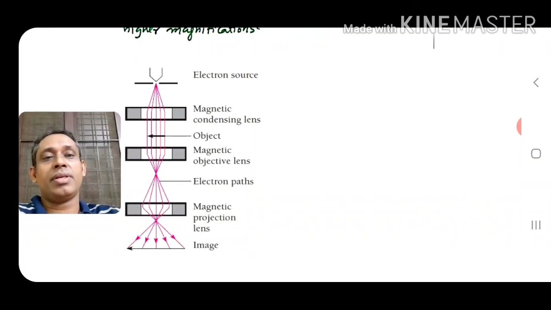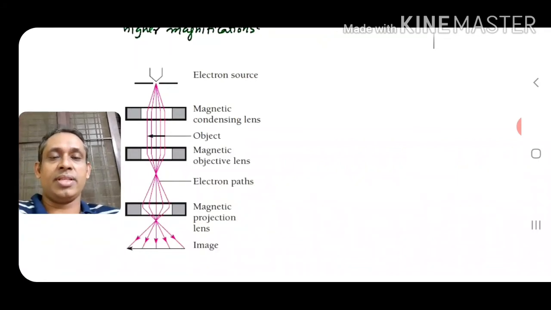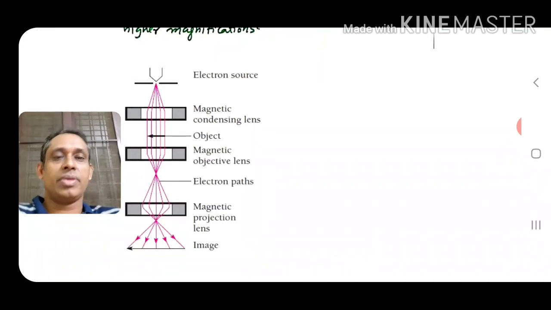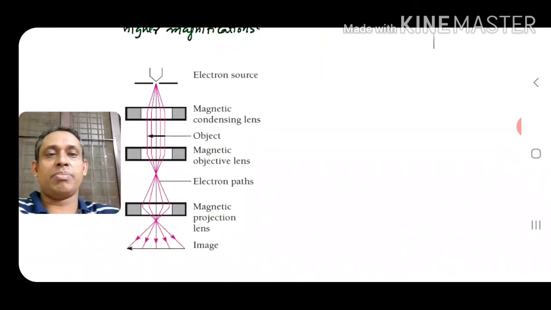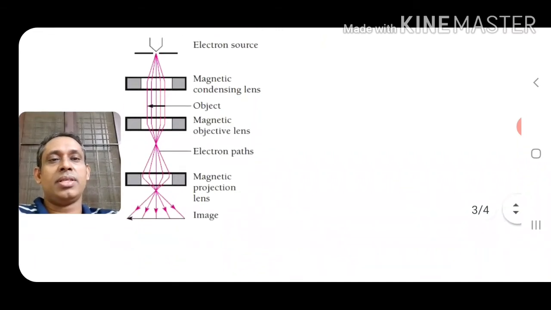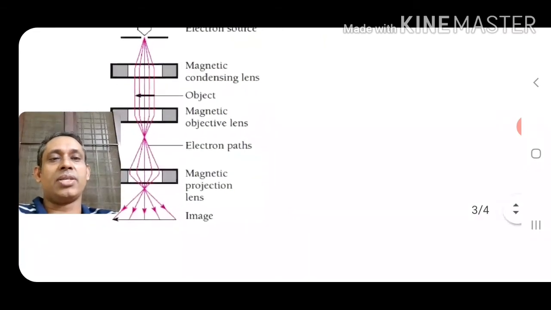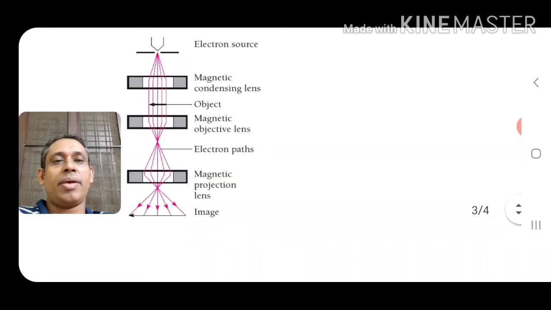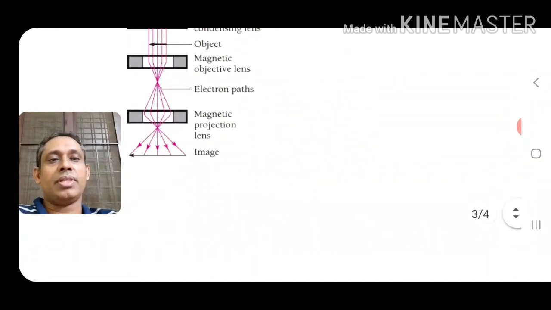Then an object is placed in the path of the beam, through which the electron beam passes, and the beam is then focused by a magnetic objective lens, and there is a magnetic projection lens, and we get an image.